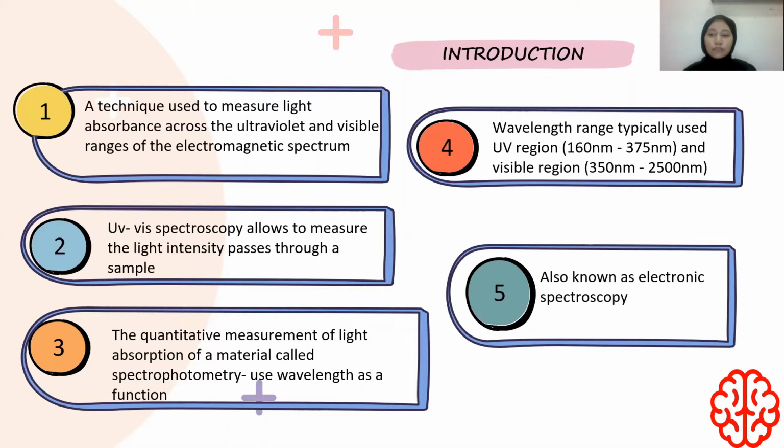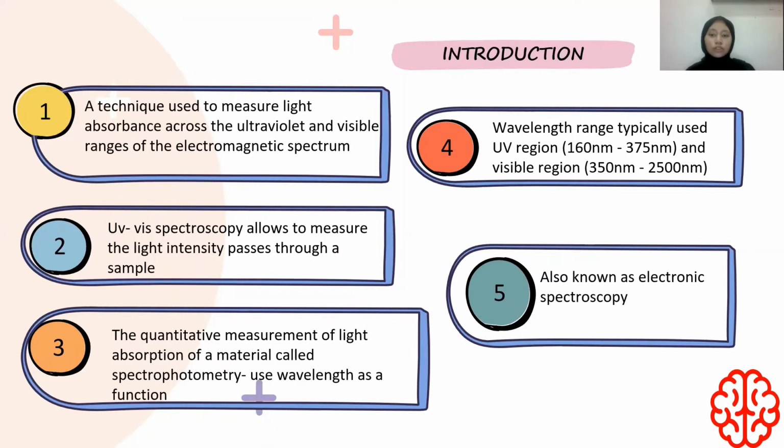Next, by using UV visible spectroscopy, we can measure the light intensity that passes through a sample. This quantitative measurement of light absorption is called spectrophotometry, where we use wavelength as a function. The wavelength ranges typically used are the ultraviolet region, which covers around 160 nanometers to 375 nanometers, while the visible region covers around 350 nanometers to 2500 nanometers.